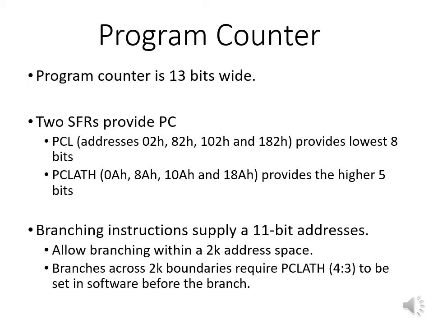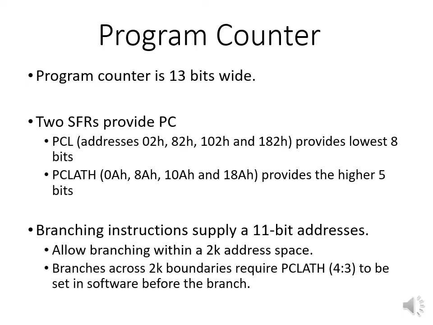PCL is found at address 02H and is mirrored at addresses 82H, 102H, and 182H. PCLATH is found at address 0AH and is mirrored in addresses 8AH, 10AH, and 18AH. This means that these two SFRs are found in all the four banks.